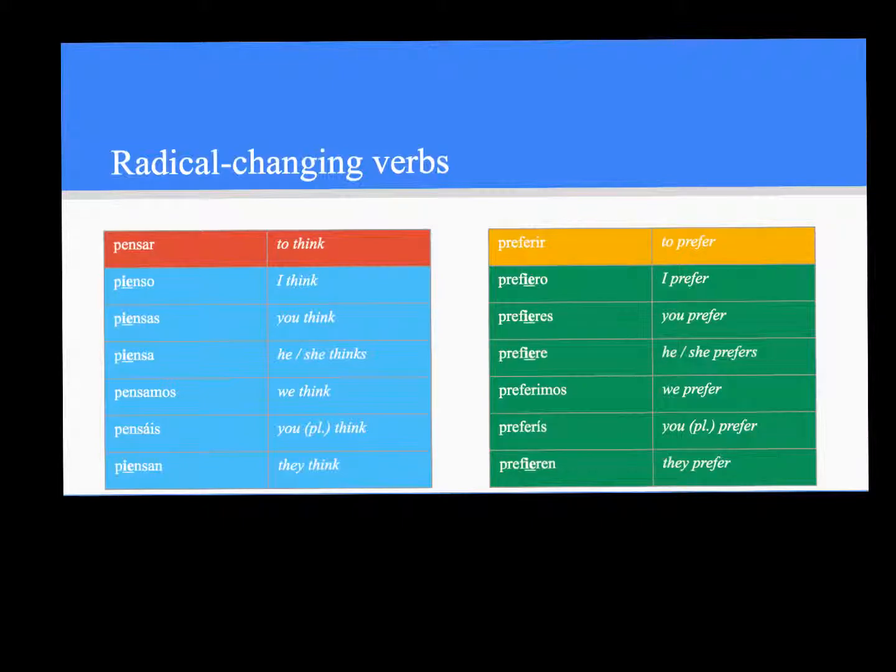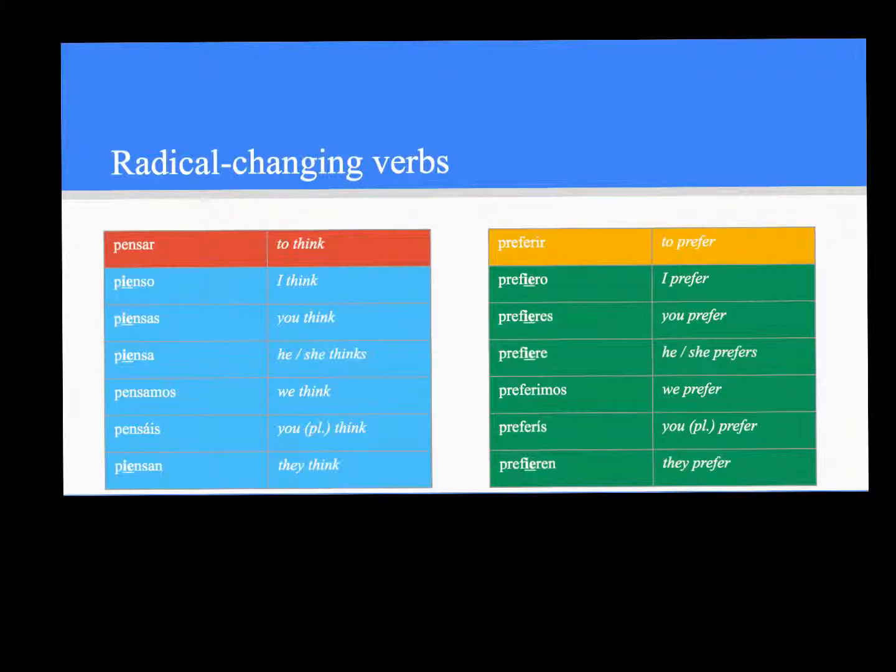The endings of pensar are just the same as the endings of hablar. The endings of preferir are just the same as the endings of vivir. However, there is a change in the stem, in the singular of both of these verbs.